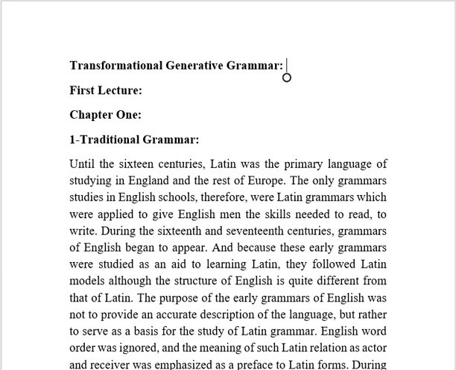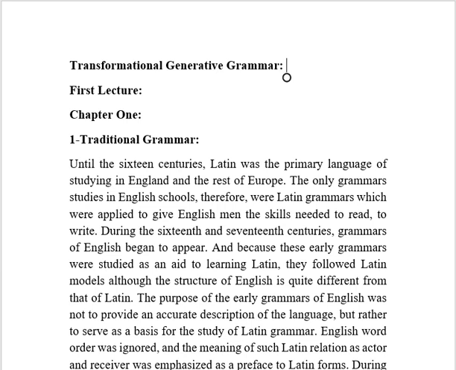To get back to that and to mention the definition in linguistics, transformational generative grammar is a part of the theory of generative grammar, especially of natural language.